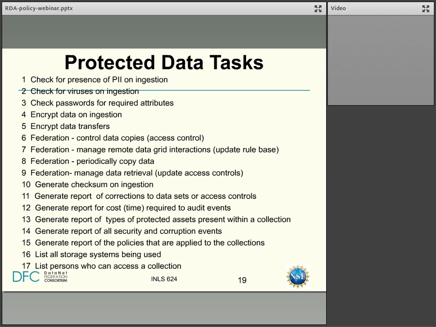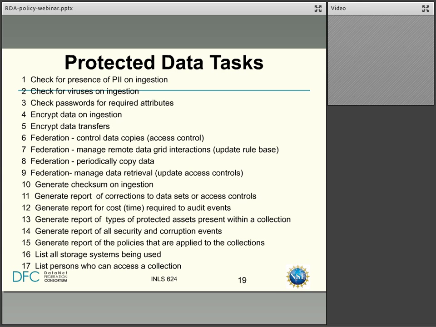If I put a copy at another site, can I guarantee that the same access controls are going to be applied at the federated site? And how do I make certain that every file is correctly replicated into this distributed environment? So there's a long list of activities that had to be performed for the protected data based on its content.